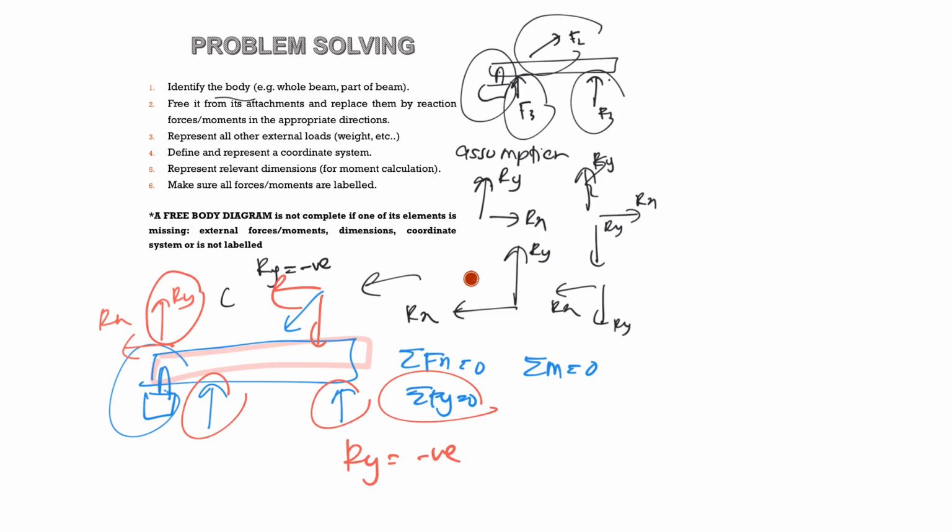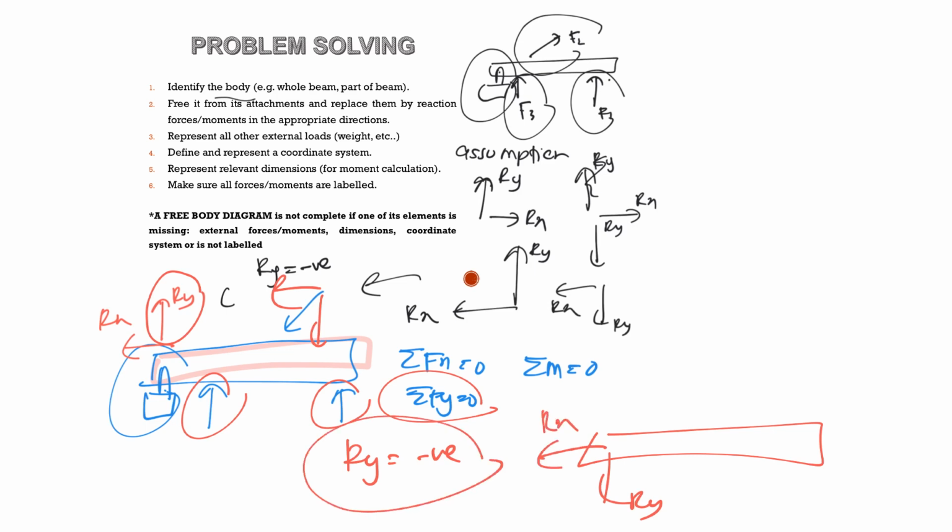Okay, example. I put my assumptions as Ry downward and Rs to the left, and I get Ry negative. My answer is wrong. My reaction force in Ry, if I assume downward, doesn't balance all the forces, which means that my assumption is wrong.